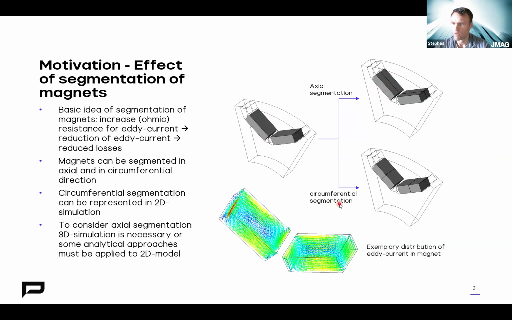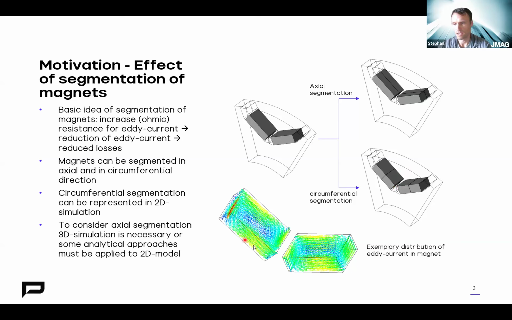And we can also deal with the circumferential segmentation. This is a V-shaped rotor, so circumferential might not be exactly the right term for this, but a segmentation in the, let's say, 2D plane of the e-motor. And this could also reduce eddy current loss in the magnet.